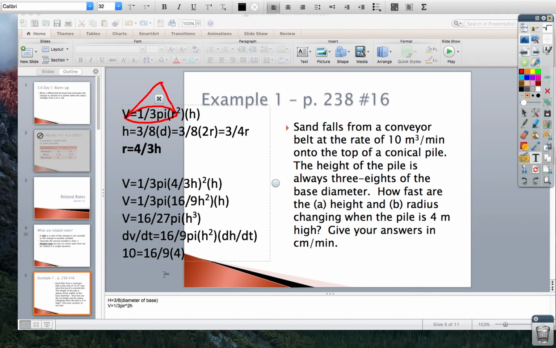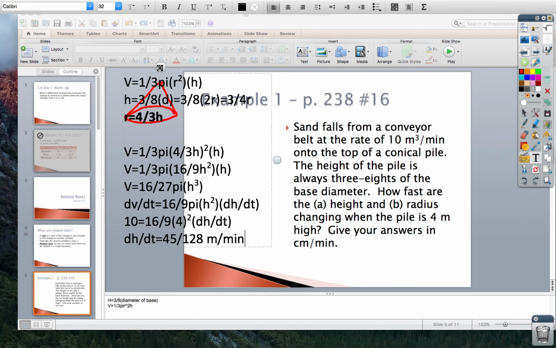So we do know h, and that's 4 squared, times dh/dt. Now solving for dh/dt, we get dh/dt to be equal to 45/128 pi. But keep in mind this is meters per minute.